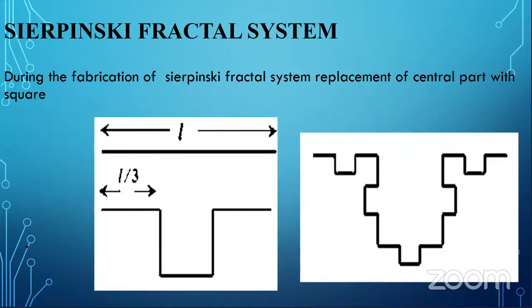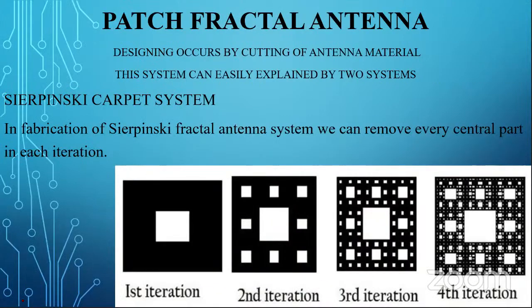So the next type is Sierpinski fractal systems. During the fabrication of Sierpinski fractal systems, the central part is replaced with a square. After that, the patch fractal antennas. The patch fractal antennas are manufactured over a plate of antenna material by simply cutting the antenna material from the central part.